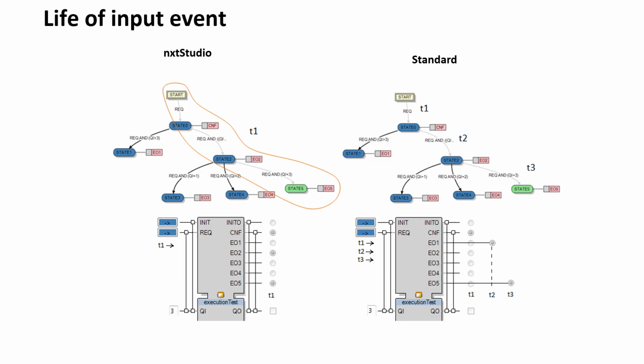Like in this particular example, we see that when event rec arrives, let's say with QI equal to 3, it can be used first time here from start to state 1, then from state 1 to state 2, and then from state 2 to state 5.